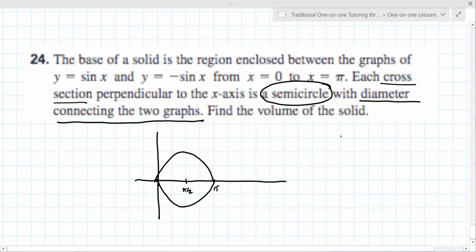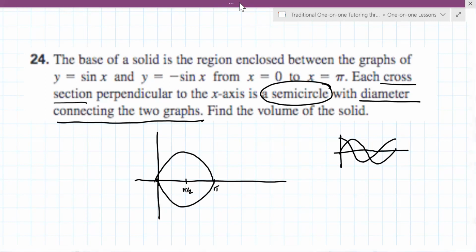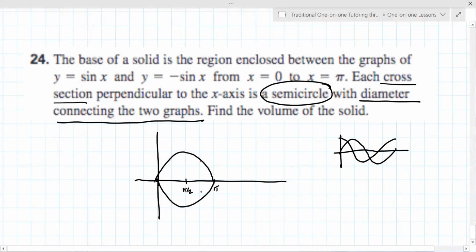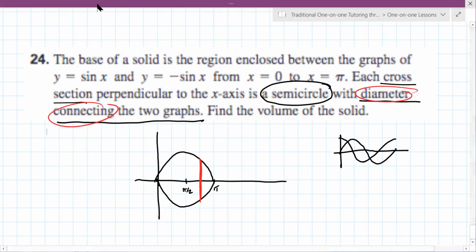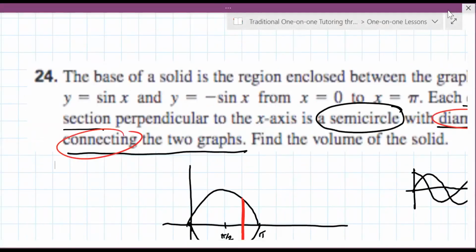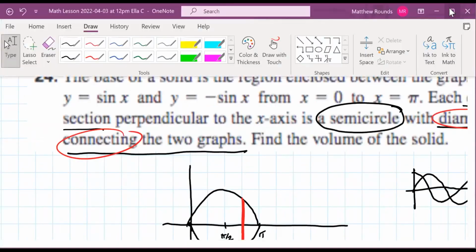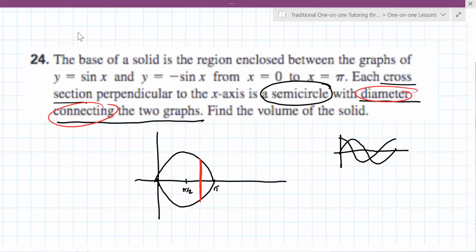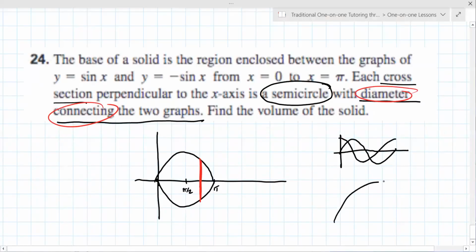So just review your graphs: you've got your sine graph and your cosine graph. Again, if you've got time, double check what those look like. This time it's a semicircle. What I like to do is graph what they're telling us, which is the diameter connecting two graphs, and then draw the actual cross section.